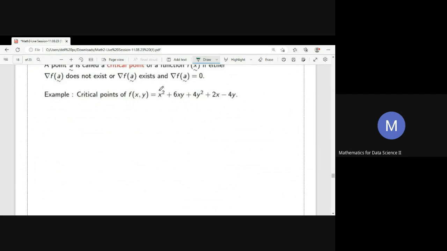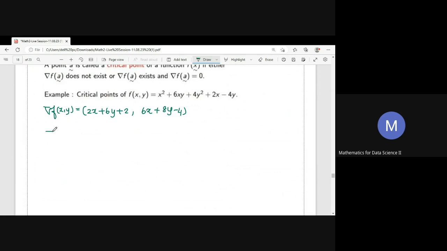We are going to calculate del f of x comma y. It will be 2x plus 6y plus 2 comma 6x plus 8y minus 4.